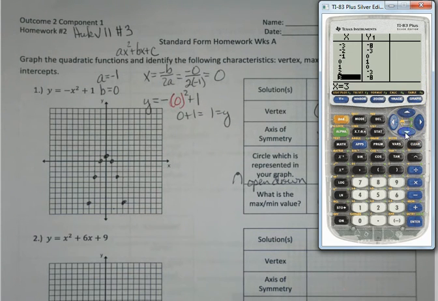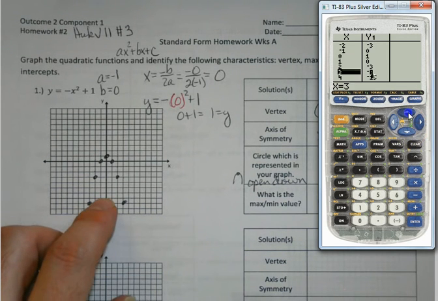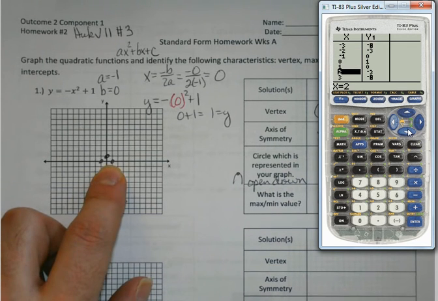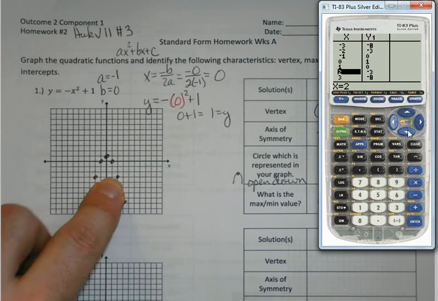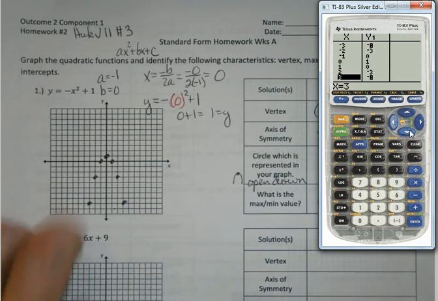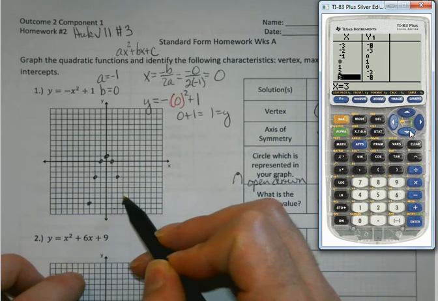When I get that 0 in the middle, okay, let's see if my other points worked. Let's try that again. I got a point at 1, 0. Yes. At 2, down 1, 2, 3. Yes. 3, negative 8. 1, 2, 3, 4, 5, 6, 7, 8.